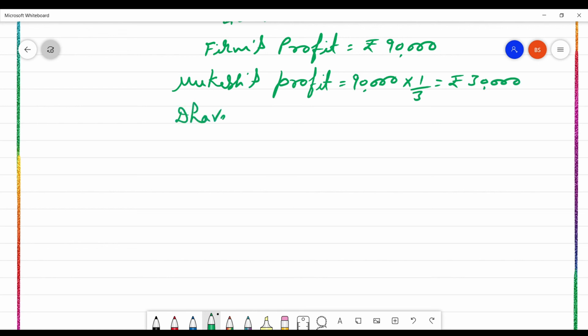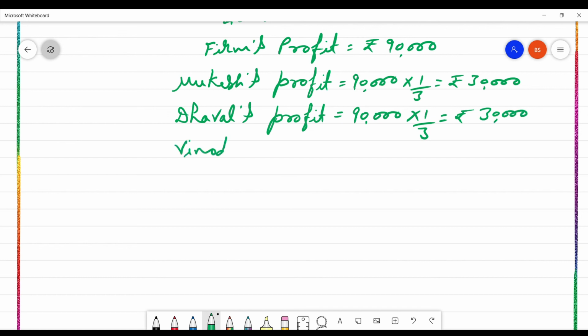Dhaval's profit equals 90,000 into 1/3, rupees 30,000. Vinod's profit will be 90,000 into 1/3, 30,000. You read in the sum, Mukesh will get minimum 30,000 from profit.